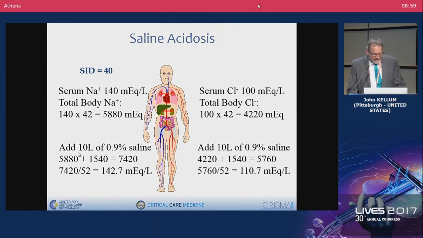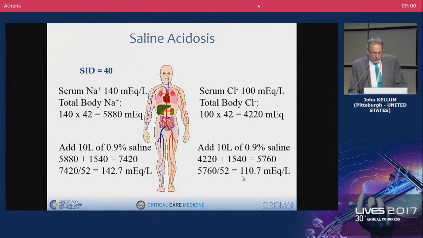And what we find is that the sodium concentration increases, using the Adelman equation or whatever you like to sort that out. You're adding free water and sodium, and the sodium concentration goes from 140 to just about 143. But look what the chloride concentration does. It goes from 100 to 111.